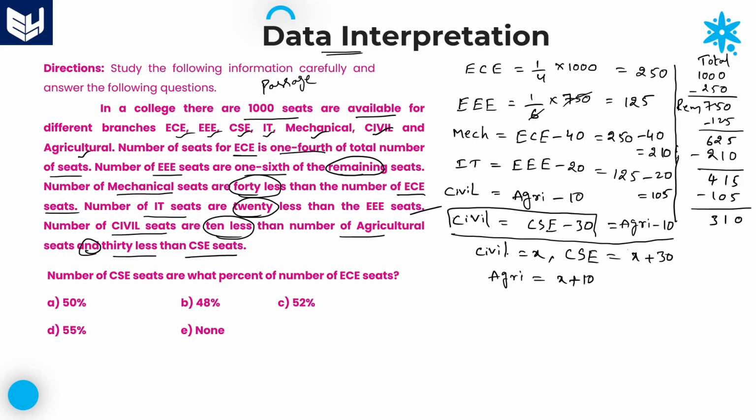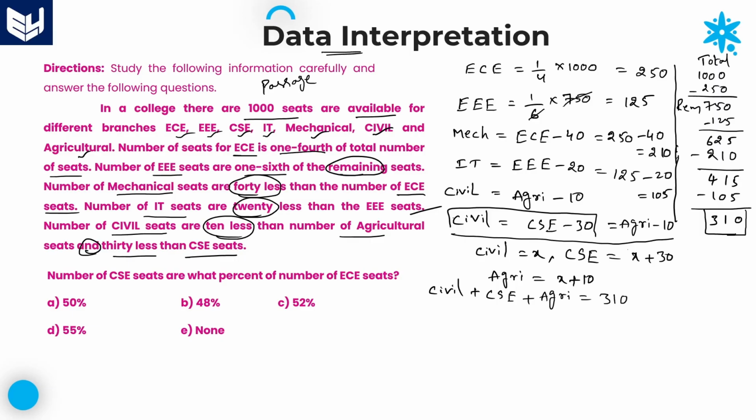So civil seats are x, CSC seats are x plus 30, agriculture seats are x plus 10. And we have calculated that the remaining sum of these three branches, civil plus CSC plus agriculture, is equal to 310.